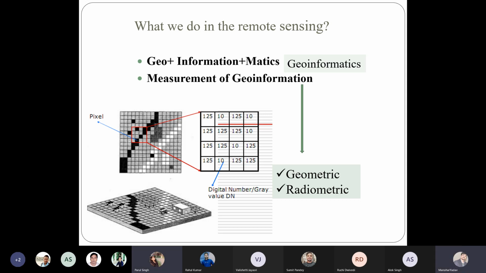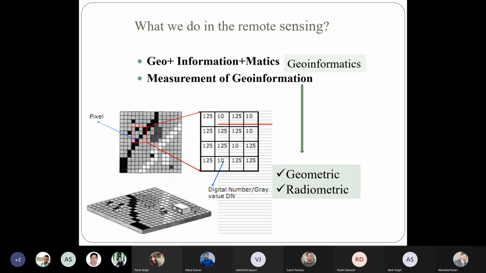Okay, correct. Just see the name, remote sensing. Sensing means somehow you want to capture the information of a certain entity, and the information acquisition of that entity is remote. It's remote access of that information.